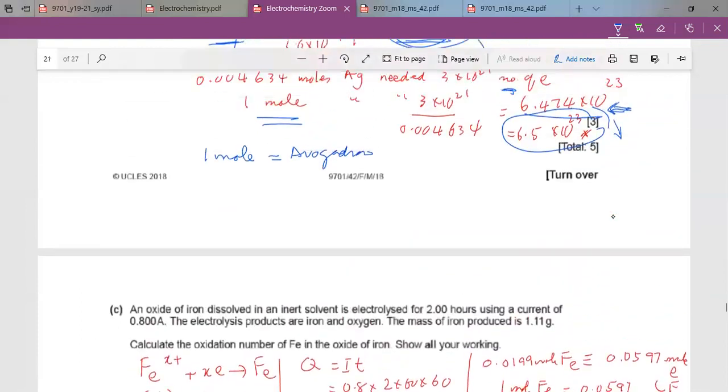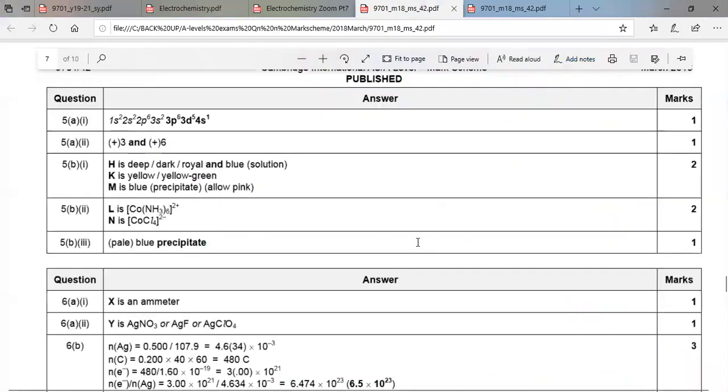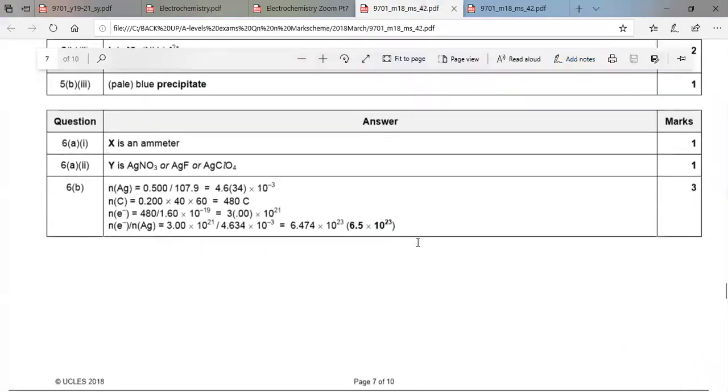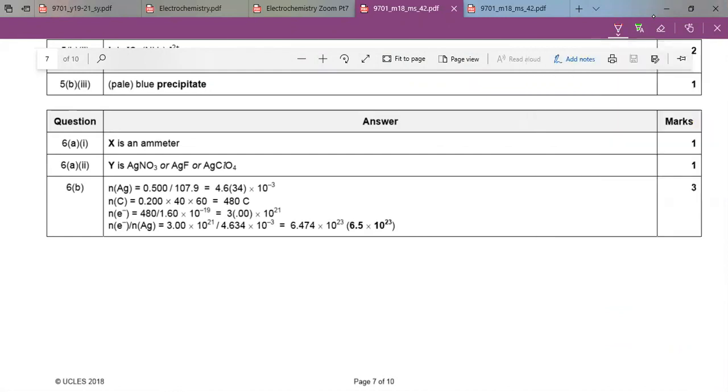This is the answer. Here is the marking scheme. Time, I want to finish off. You can see the whole thing now, step by step.